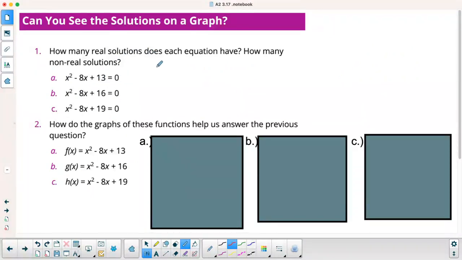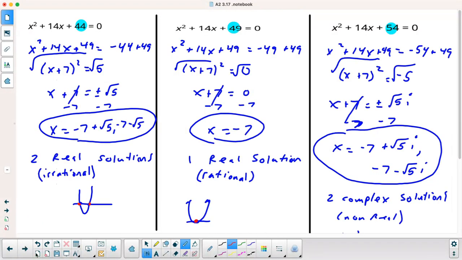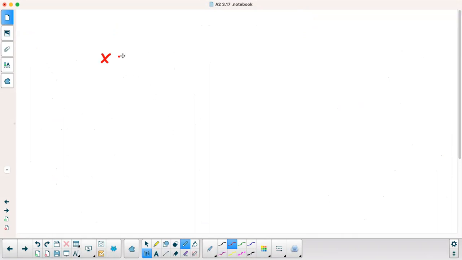Okay, so let's see if we can streamline this to make it easier. So what determines, let me go back. Let me add a slide here. So let's say I wanted to use the quadratic formula. So what determines if you have one real solution, two real solutions, or no real solutions?